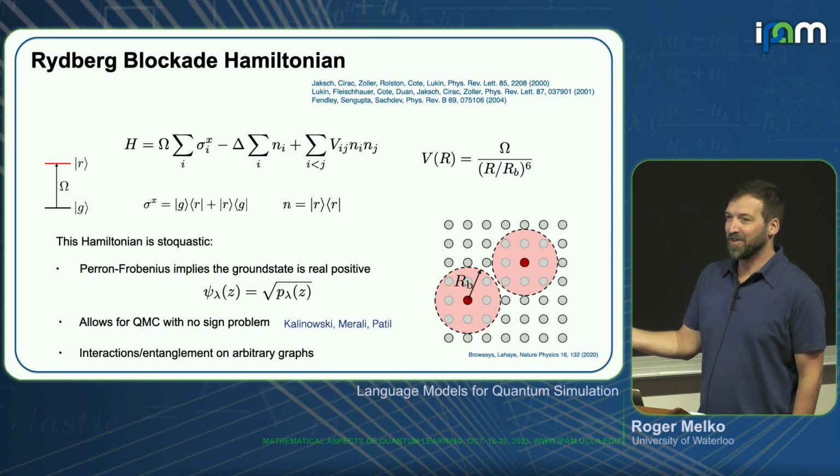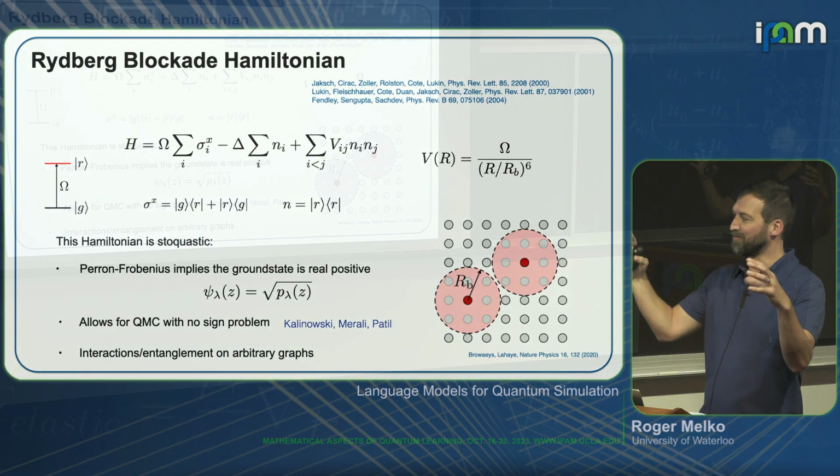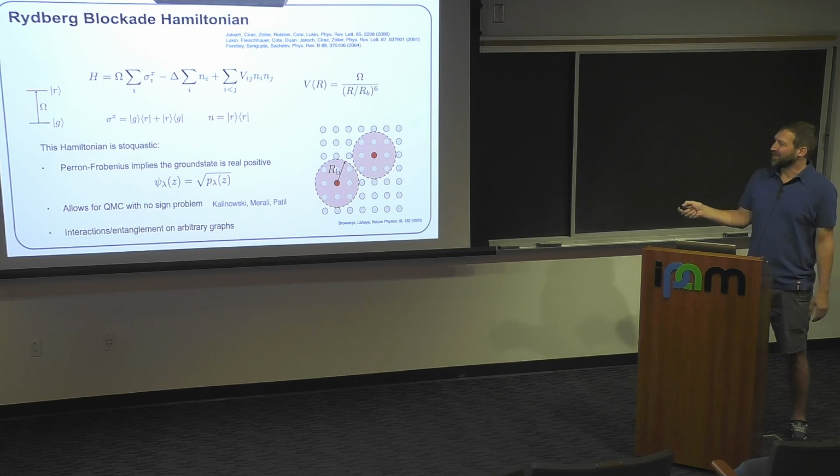That's like your magnetic field, your longitudinal field. Then you have this diagonal interaction, V_ij, as a function of distance. It's a 1 over R^6 van der Waals type interaction. They're basically big dipoles, and they turn into van der Waals 1 over R^6 when they're interacting.